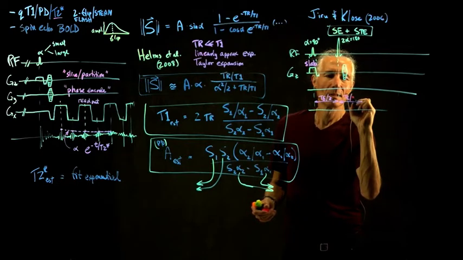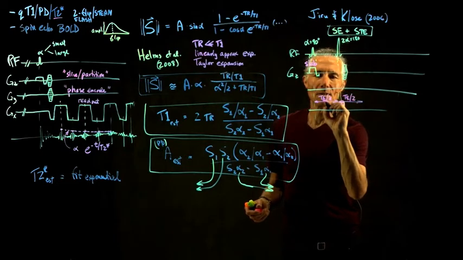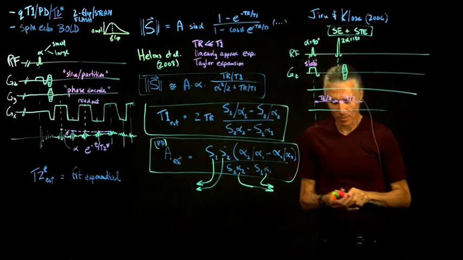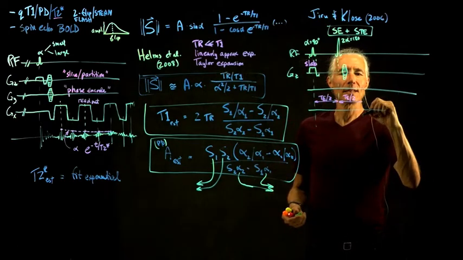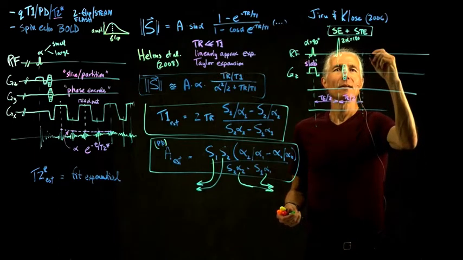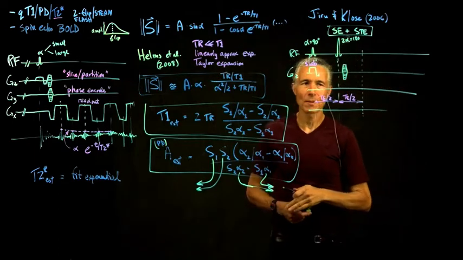Remember, if we wait the same amount of time after a 180, that will cause all the spins to come back into phase. So right at this point, there's going to be a spin echo.